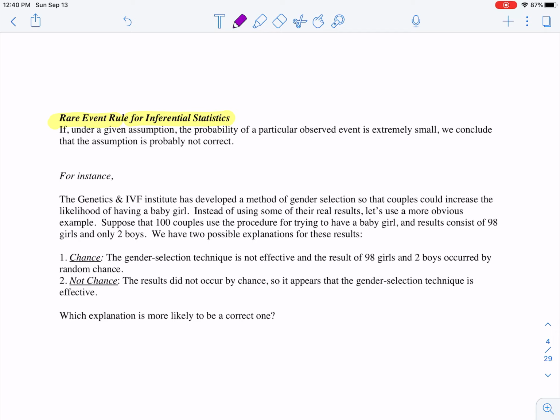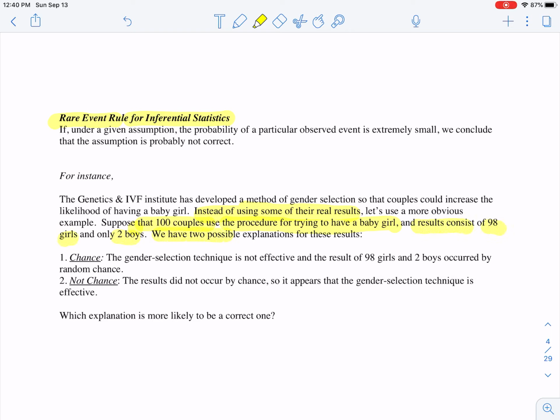Using some real results, let's look at a more obvious example. Suppose that 100 couples use a procedure for trying to have a baby girl. The result consists of 98 girls and 2 boys.